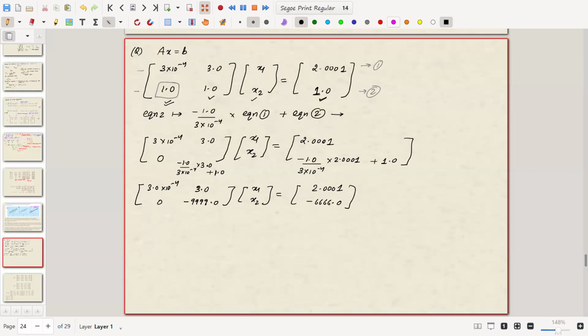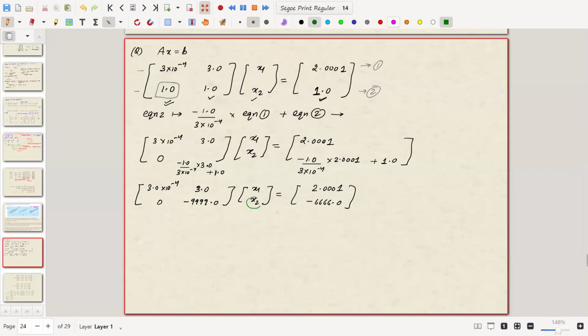You can easily get x2 from the second equation.